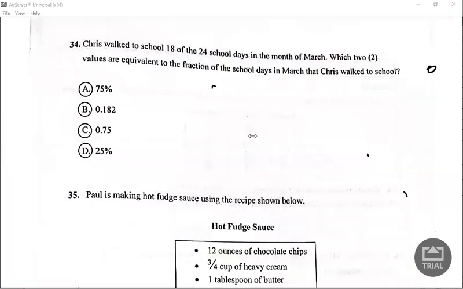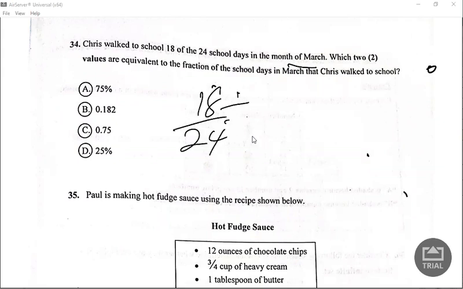Let's look at 34. Chris walked to school 18 out of 24 school days in the month of March. Which two values are equivalent to the fraction of the school days? Alright, so it's 18 out of 24. We can reduce it by dividing by 6. 6 can go into both of them. 6 into that is 3, 6 into this is 4.